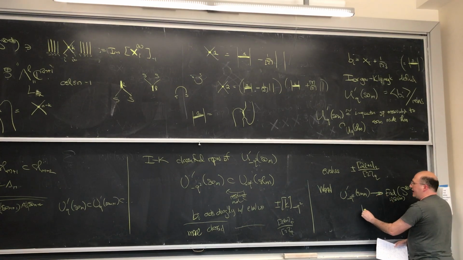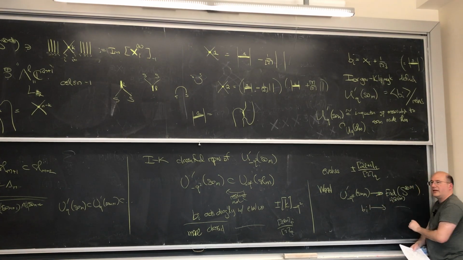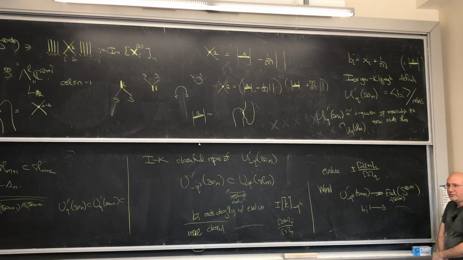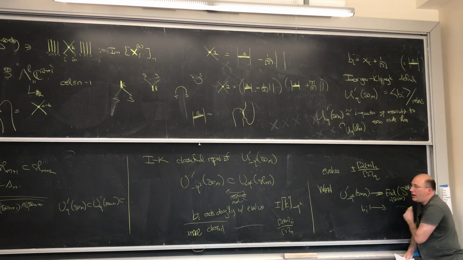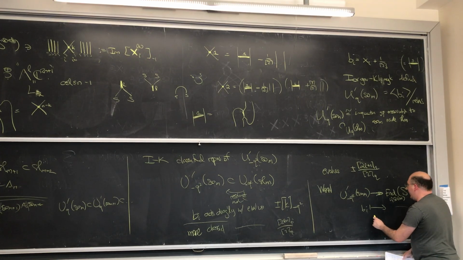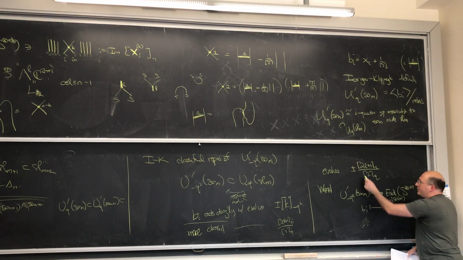He defined where these BIs went. And he argued that this was surjective, okay? Although he couldn't identify the kernel. Okay? And that BI have eigenvalues like this.